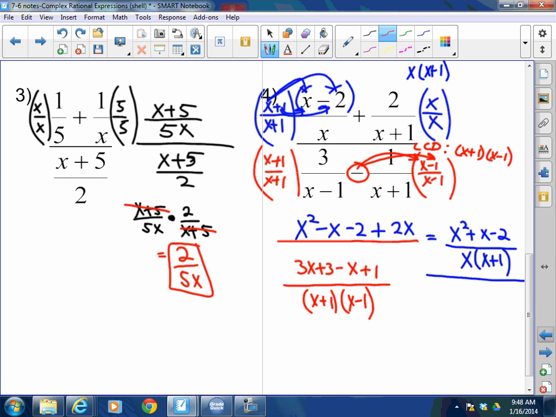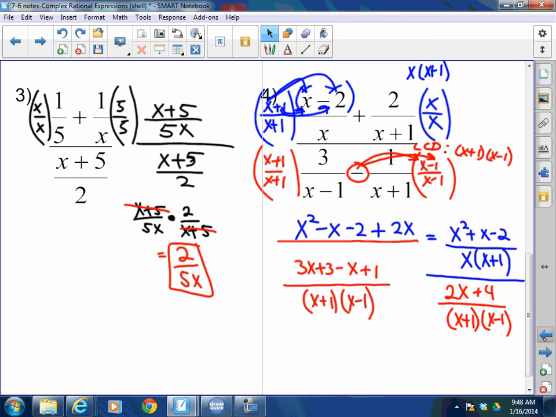Right? So that goes here. So actually, wait, let's simplify it. So I got 3x minus x, so that's 2x plus 4 over x plus 1, x minus 1. Is everyone with me so far? Yes, sir, yes, sir.